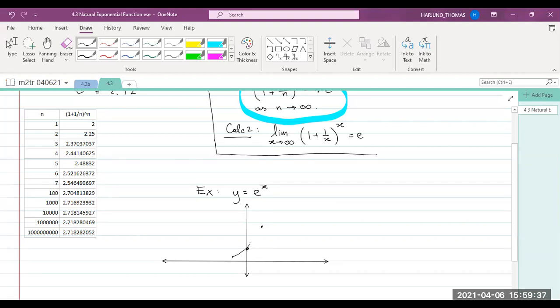So that's what the graph looks like. It is still increasing from left to right. The coordinate (0, 1), this is (1, e), and this one here will be (negative 1, 1 over e), like that.